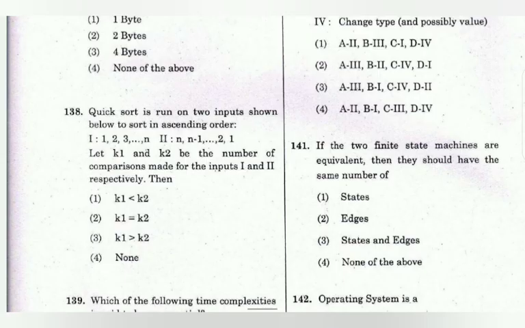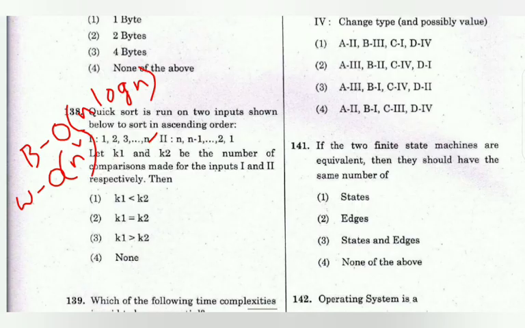For the given inputs, the first list is in sorted order, which causes worst case behavior, and the second list is in reverse order, which also causes worst case behavior. So quicksort performs differently based on pivot selection. For a bad pivot choice, it results in k1 greater than k2 type of comparison. So the correct answer is k1 greater than k2, with more comparisons for already sorted input.